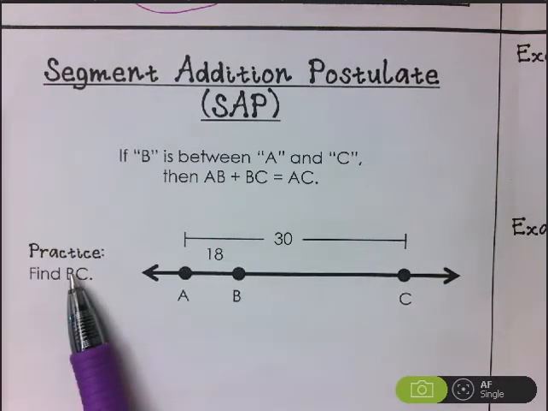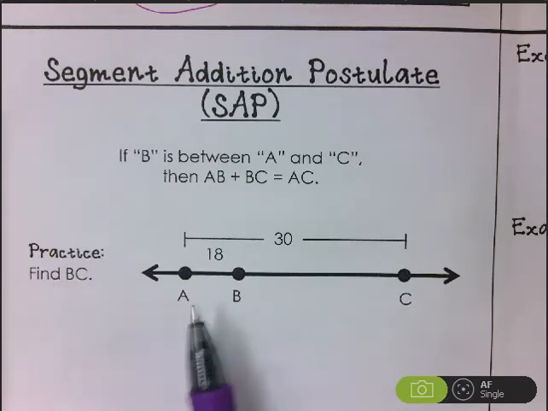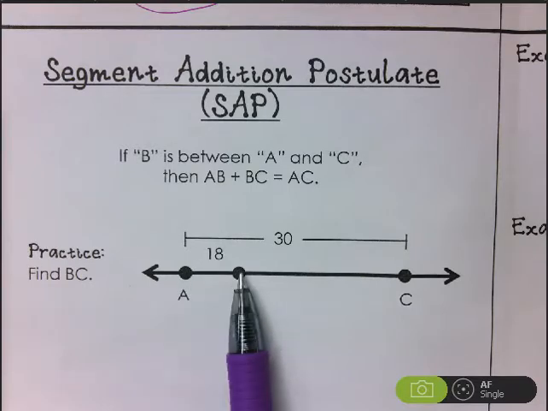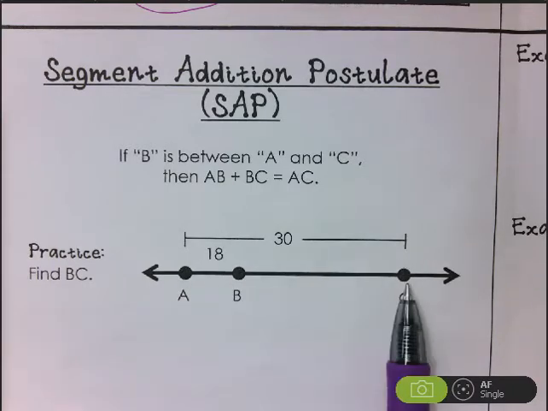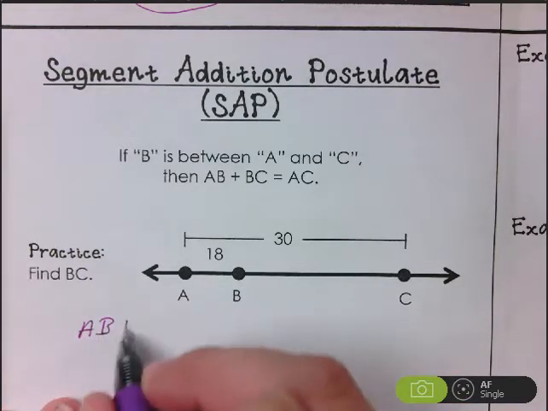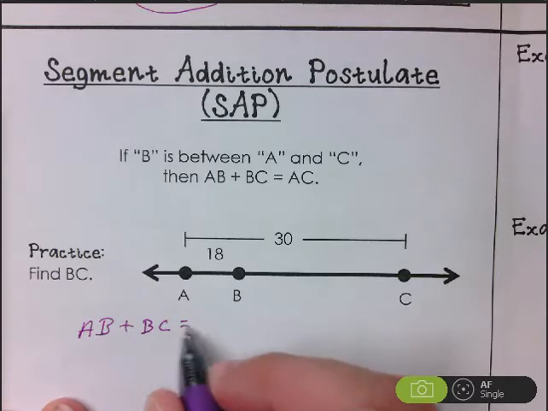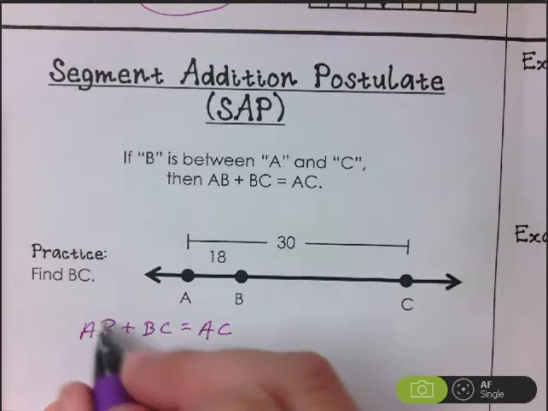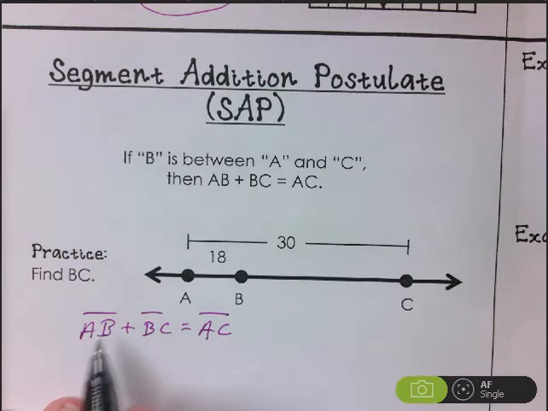Okay, so let's take a look here at our practice problem. It says to find BC. So that tells us if I add together AB plus BC, I should get AC, which is the whole thing. So we're going to say AB plus BC equals AC, and those are all segments. Well, I know AB is 18, so I'm going to substitute 18 in for that.